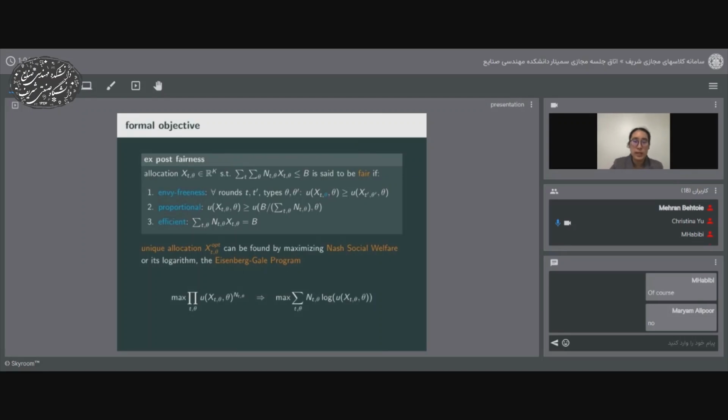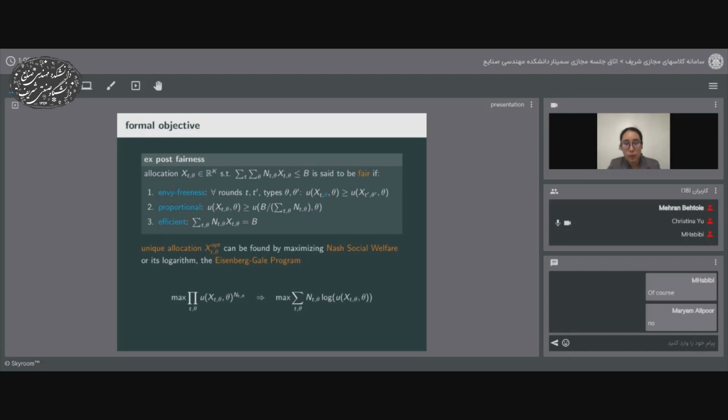And so in this general setting, when you have multiple resources, multiple types, we can look at the same notion of ex post fairness. And we'll look at these three quantities, which is some notion of envy freeness.